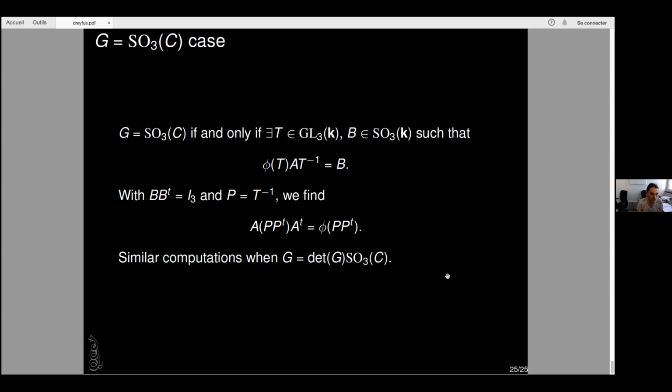This algorithm was improved by Sun and other people in this seminar. So if we want to be able to solve this problem in practice, we should work more and probably better understand the classification of primitive groups.